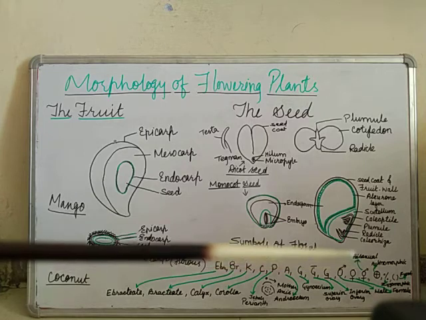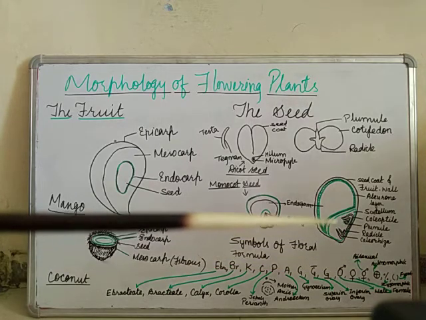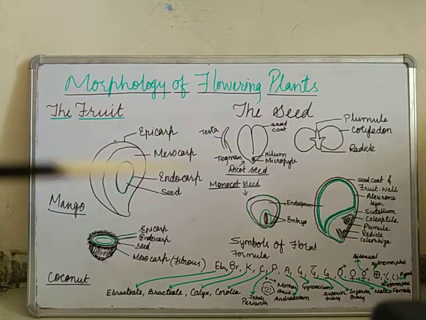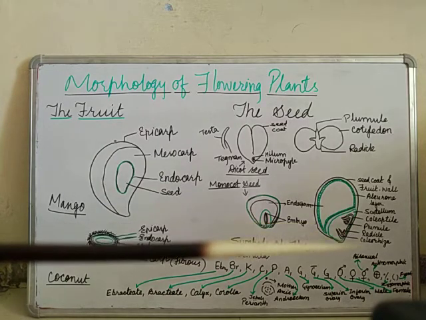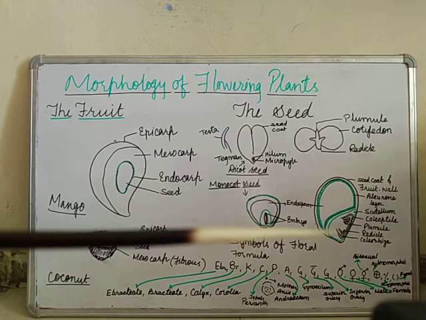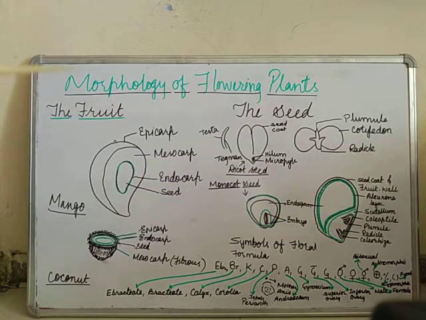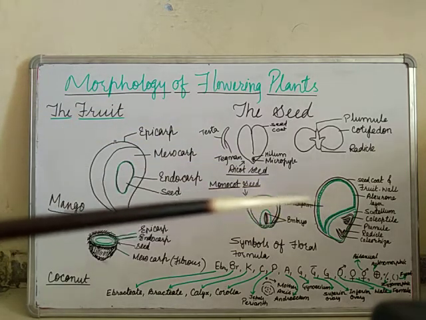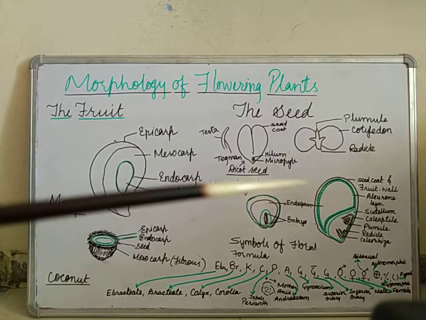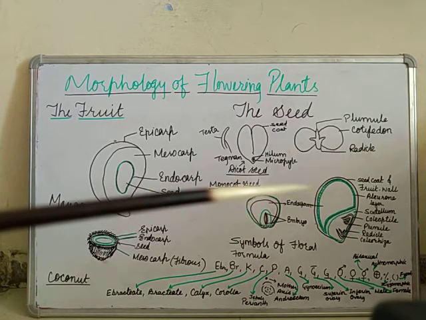Then there is the plumule portion that gives rise to the shoot system. And if you see downward, there is the coleorhiza. This portion in between is the radicle, so from here the root will arise. In the case of monocots, the scutellum is known as the cotyledon, and the endosperm is prominent and remains in the seed of the monocot mostly.